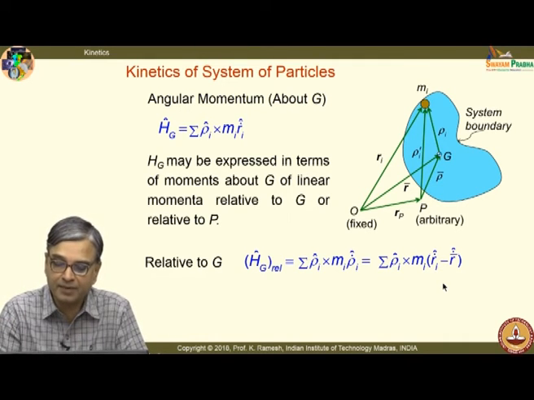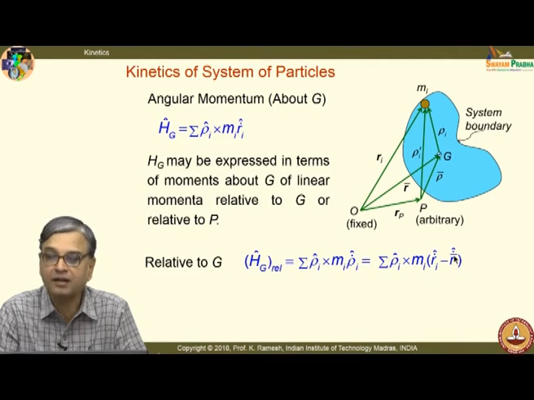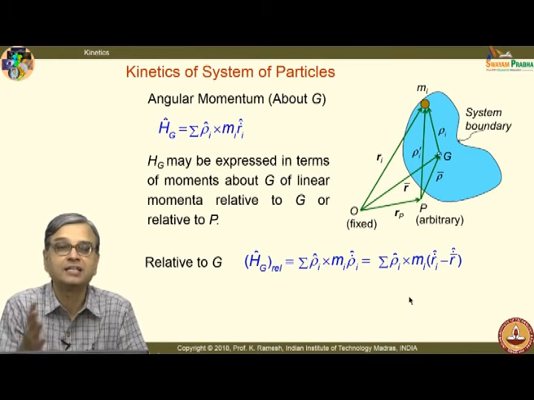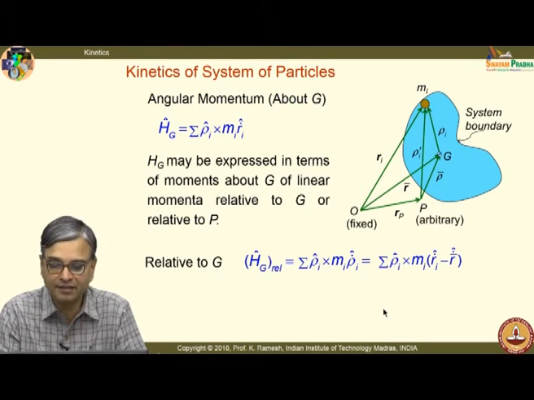And I am skipping some of those steps. You have to expand this and bring in the knowledge that you have, and also switch between the product. Instead of rho i cross r bar, I would switch it. When I switch it, the sign also will change. Okay. So, all that is done, and I have the expression like this.